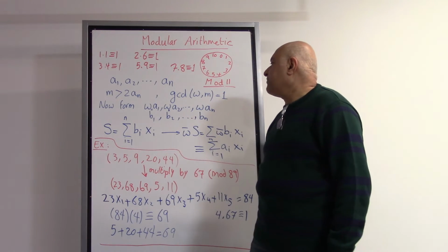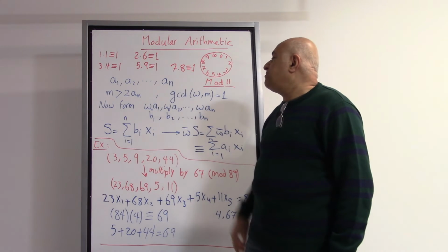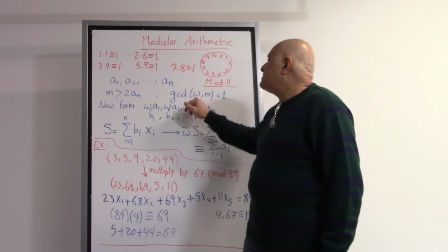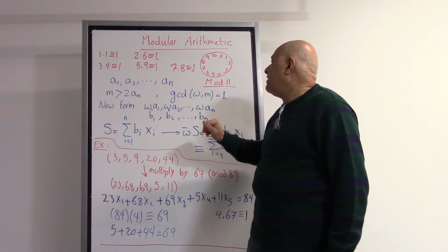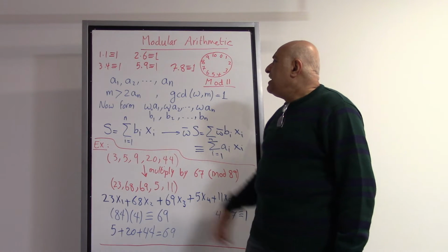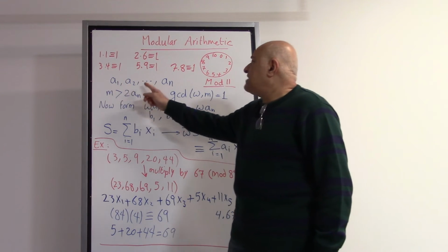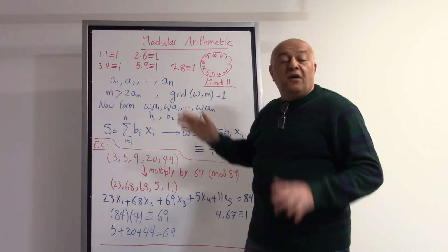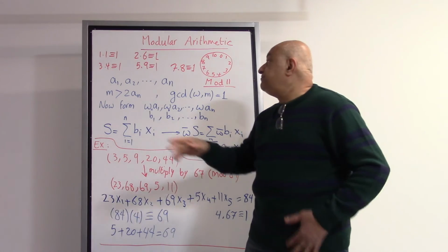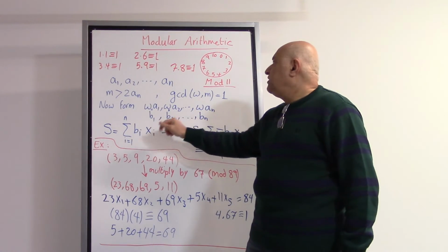Okay? Now, for that sequence that you have, which is a super increasing sequence, multiply this W, which was the number relatively prime to M, by all of these elements. So, instead of this sequence, you get W times A1, W times A2, W times AN, but you do your computations mod M. So, WA1, let's say, is B1.